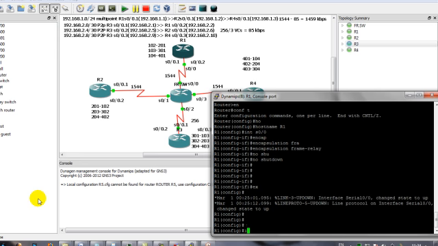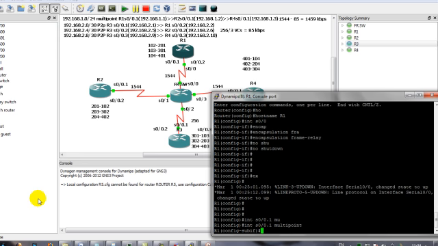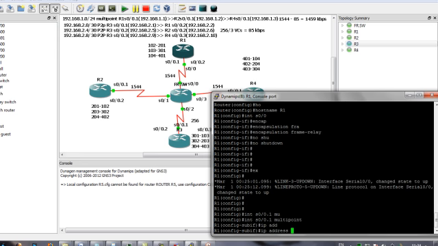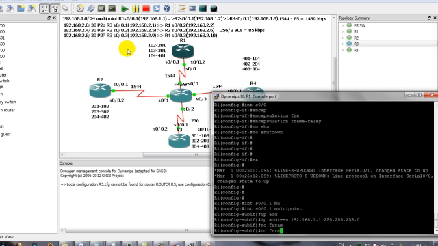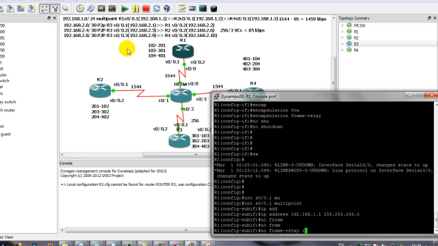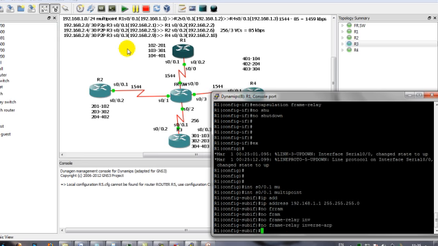Now interface serial 0/0.1 multipoint. Yes, the IP address will be 192.168.1.1, 255.255.255.0. And now I want to disable inverse ARP.